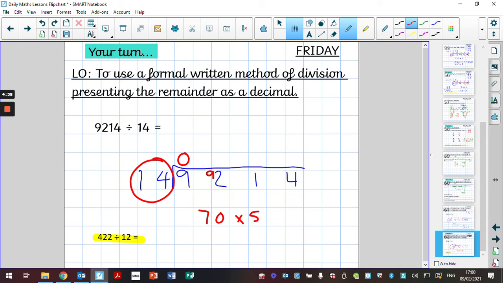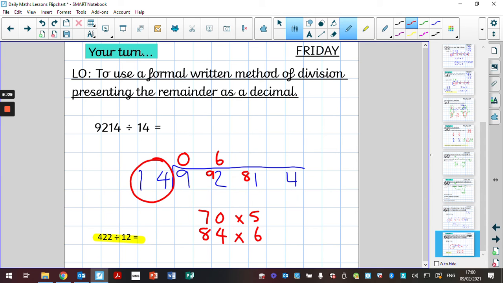Well, that's not enough at the moment, so if I add on another 14, I get to 84, which is 6 lots. So 14 goes into 92 6 times. What's my remainder? Well, I need to subtract 84 from 92, and that will be 8.